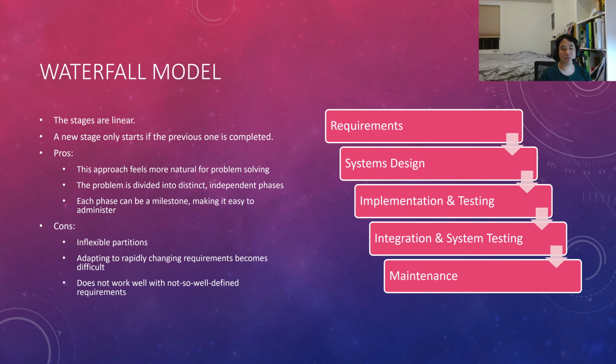When requirements rapidly change, adapting to those changes using the waterfall model is really difficult. And of course, this model only works if you have really well-defined requirements and those requirements don't change much over time. It can adapt to a little bit of changes, but not big ones.